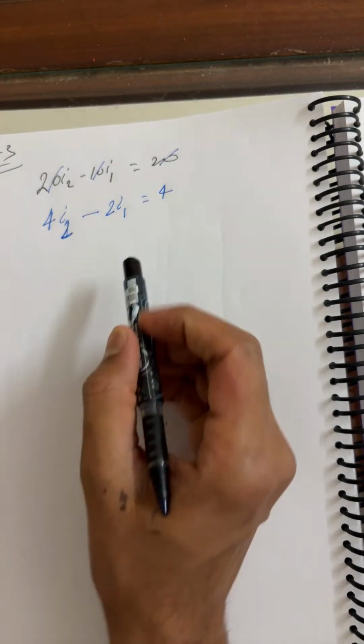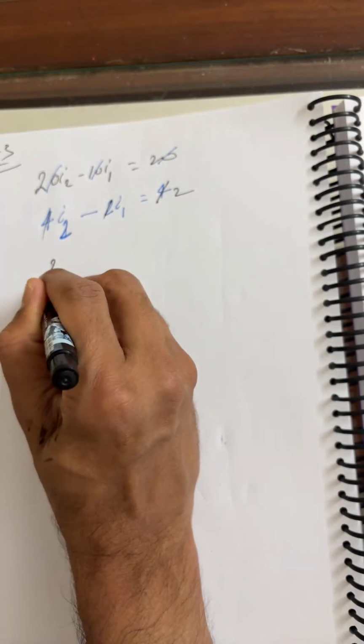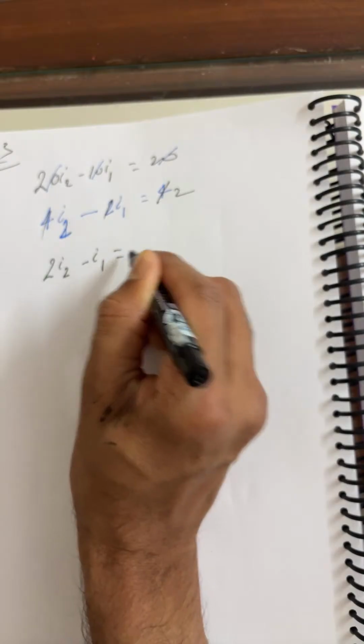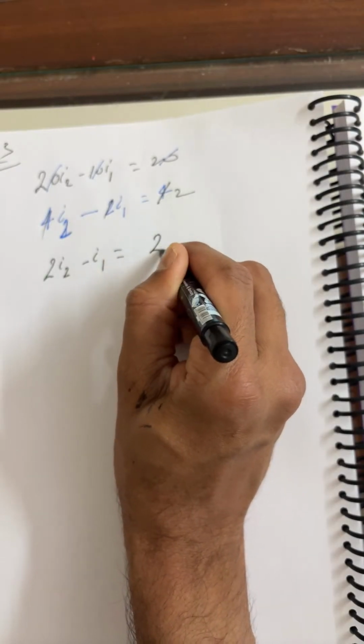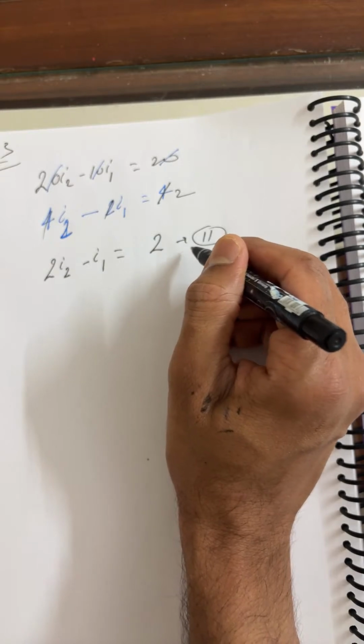Again 2 cancels, so you can write 2 I2 minus I1, which is equal to 2. This is equation number 2.